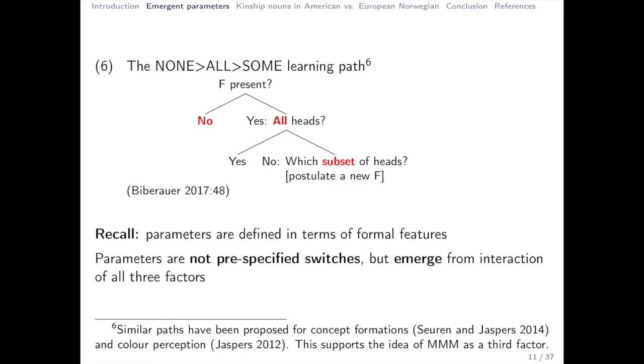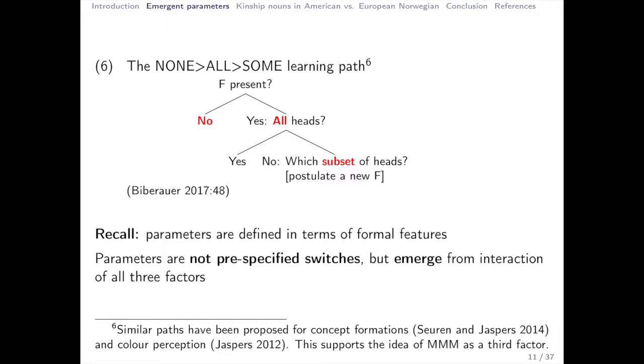However, if a child finds some evidence of a formal feature, then the next question is, does it apply to all heads or relevant heads? This would then be consistent with input generalization. This would be consistent with feature economy. This would be a none option. This would be an all option.